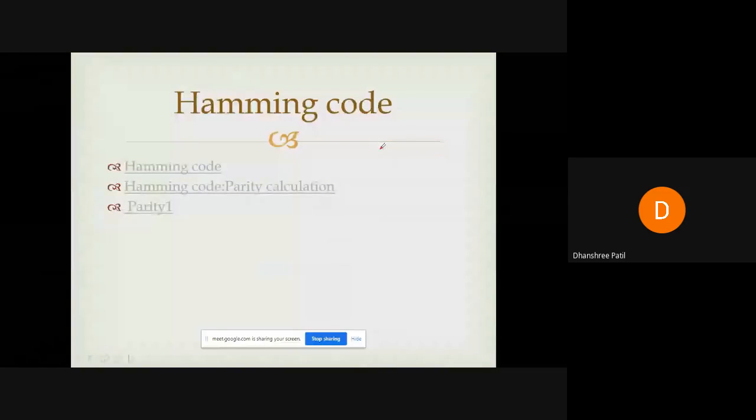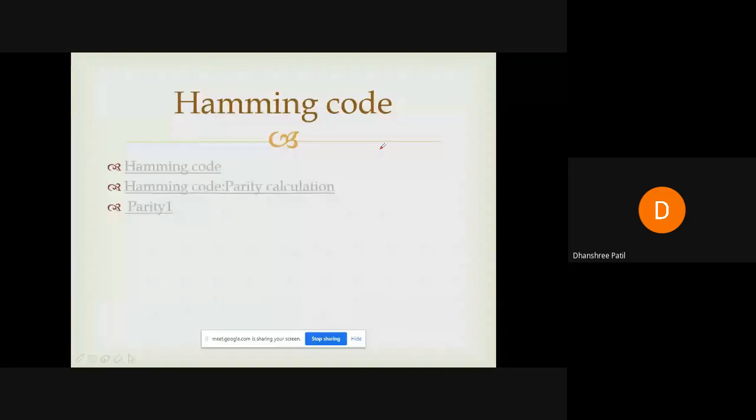The difference between CRC and Hamming code is that CRC is used only for detection of errors at the receiver side. But exactly in reverse, Hamming code is used for detection as well as correction of the error. If any bit has changed, then we can correct that error. That is the use of the Hamming code method.